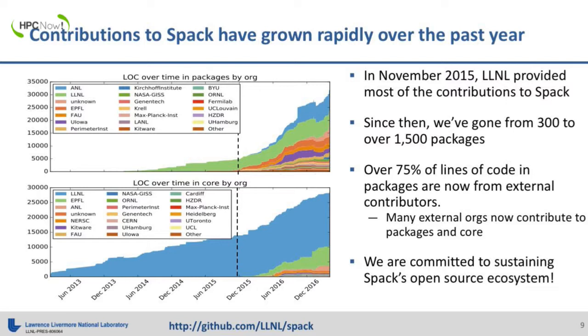And what you can see is this is when we presented our SC15 paper on Spack. And that seemed to get people interested, and we started getting many more contributions from different places to the point where now we have over 140 contributors or something on GitHub, and over 40 organizations are actually contributing to Spack.